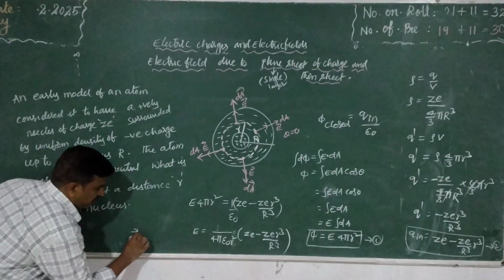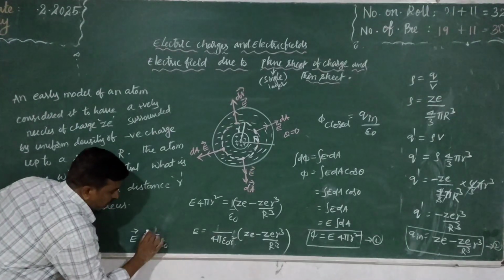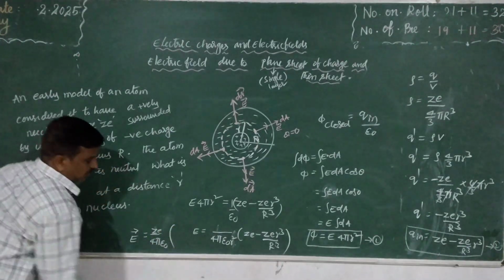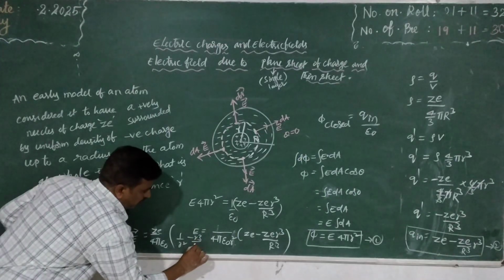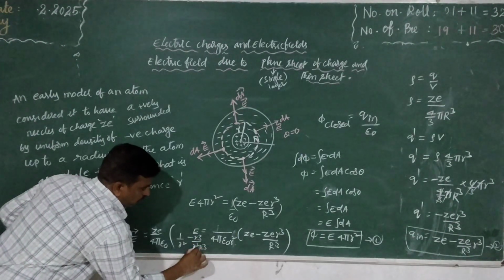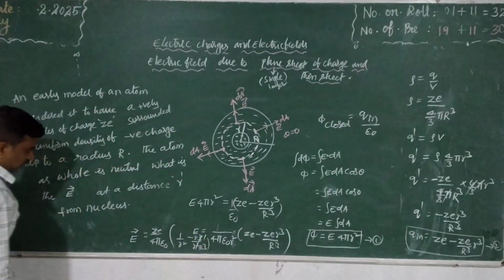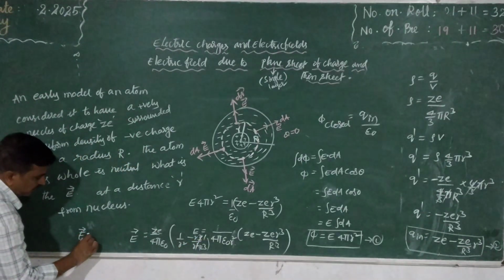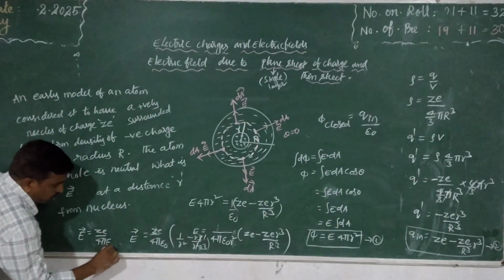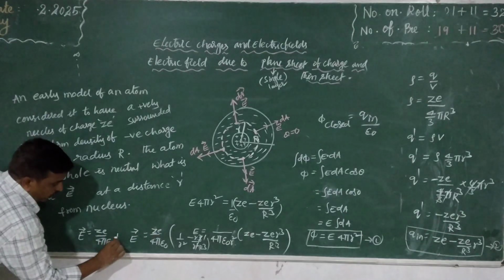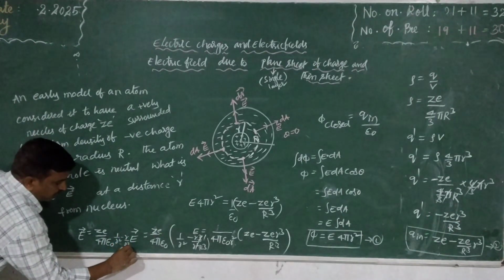Electric field equals 1 by 4 pi epsilon naught, Ze outside, 1 by r squared minus r cubed by r squared into R cubed. The r squared cancels. Finally we get the electric field equal to Ze by 4 pi epsilon naught, 1 by small r squared minus small r by capital R cubed.